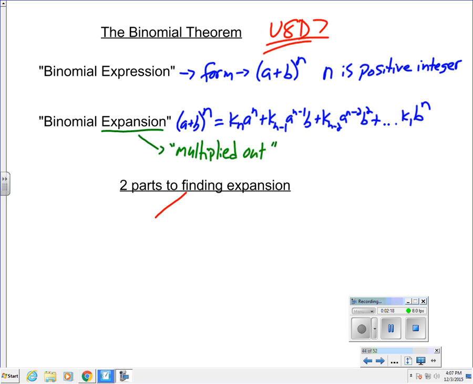There are two parts to finding the expansion. One part is finding the coefficients. So what numbers come before every term? These are called binomial coefficients, and there's a formula for those that'll be on the next page.